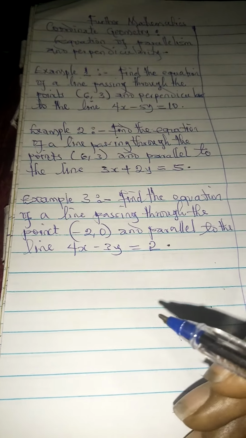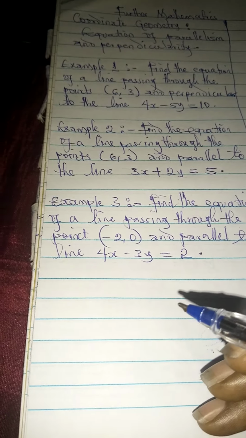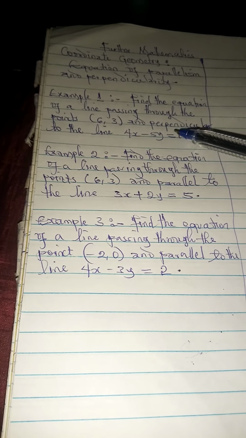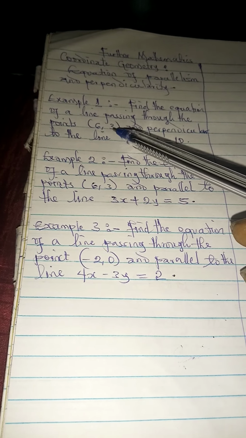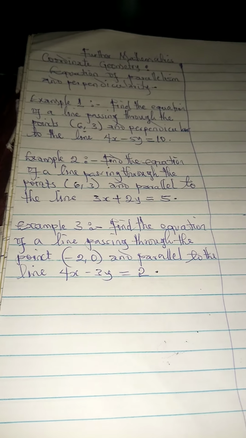Anytime you are given an equation like this and then you are given 1 point, you need to first bring out your slope or your gradient from this equation. So definitely bringing out the slope from this equation, and then with the point given, there is already a made formula for that.